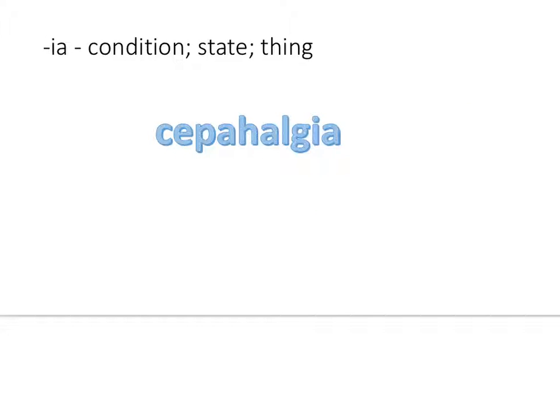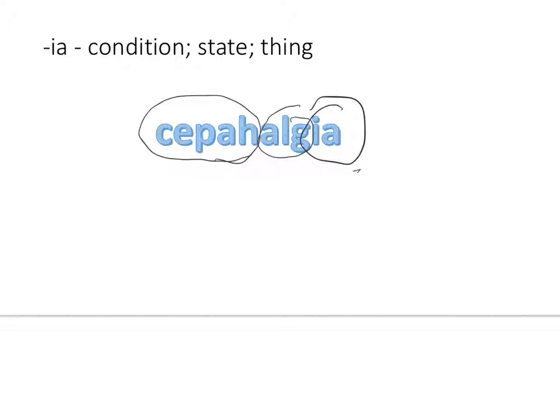The first suffix is ia, which means condition, state, or thing. When putting this into practice, you define words by starting with the suffix. So ia is your suffix, and you would say condition of encephalo, your first combining form, which means head, and alge means pain.